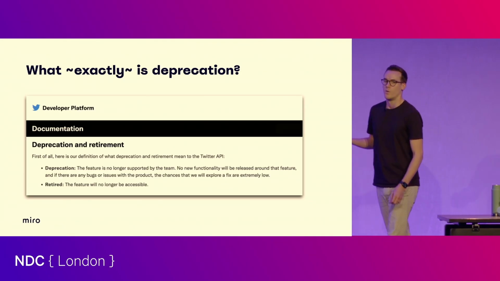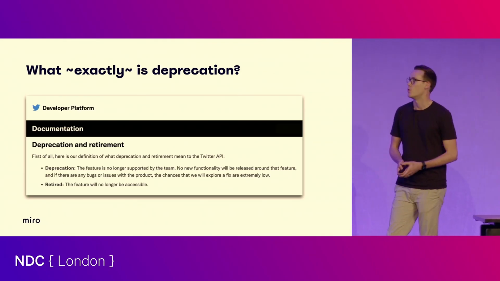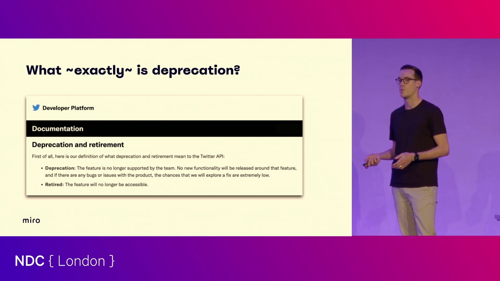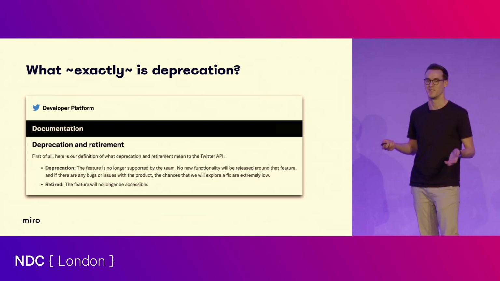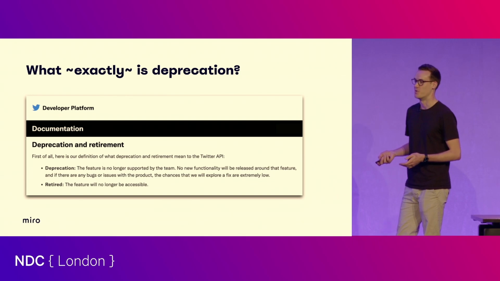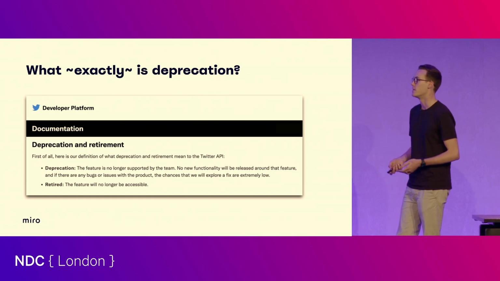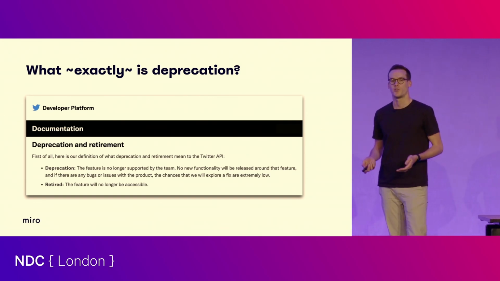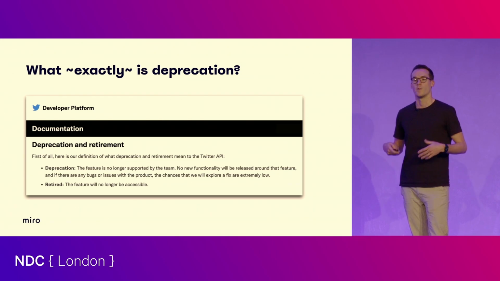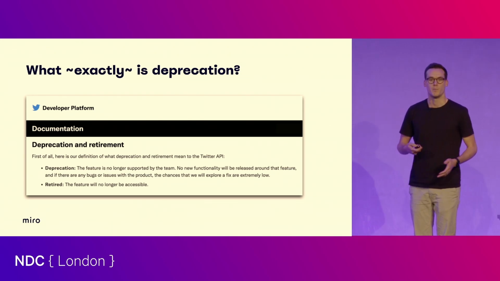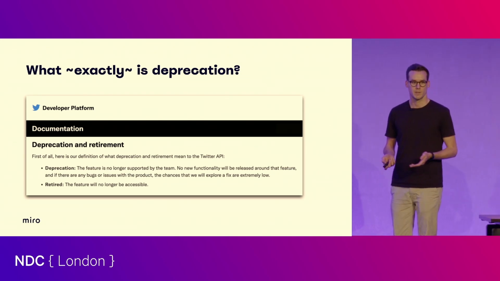So what is deprecation? I think Twitter does a really good job, or well, did, depending on your persuasion, of defining deprecation because it's really clear, simple, and concise. They say that deprecation is simply that something's no longer officially recommended. If you find a bug or something, don't exactly expect them to fix it.